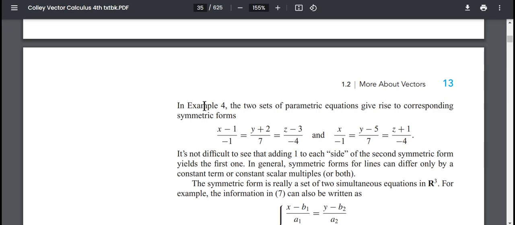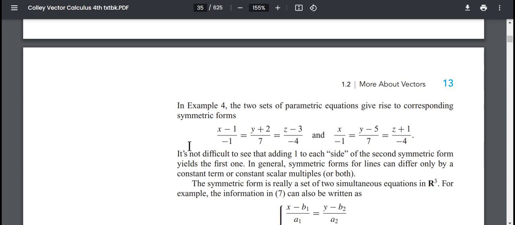So in the example 4, which we didn't go through, where they got two different sets of parametric equations, these were the two symmetric forms that were generated, but they're saying basically these are the same forms, because they say that if you add 1 to each item in these 3, you'll get this.